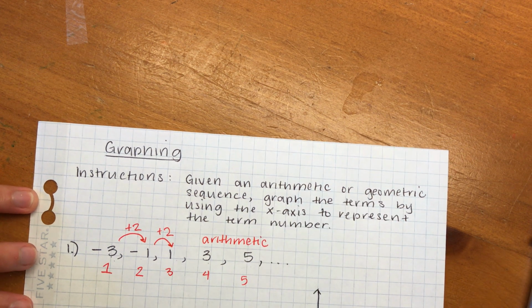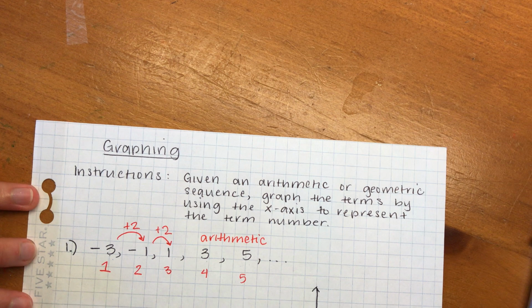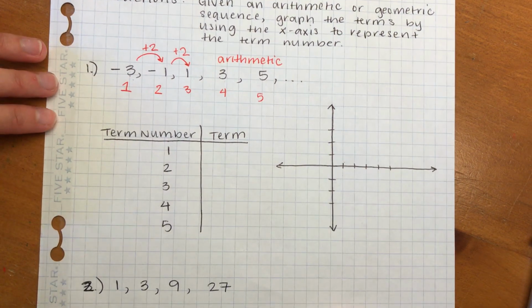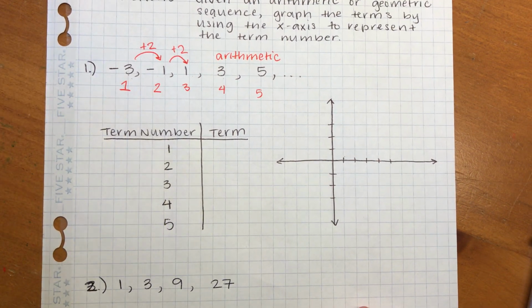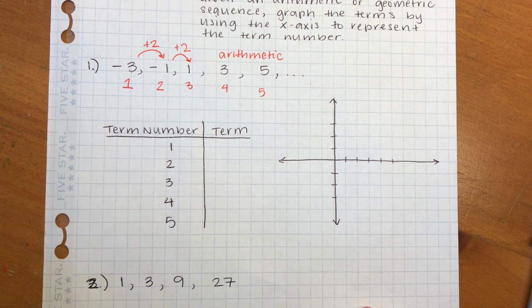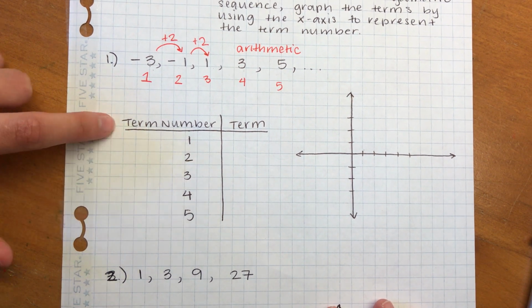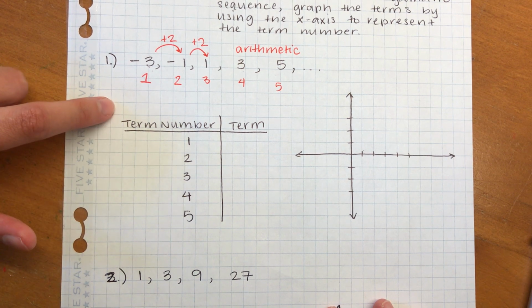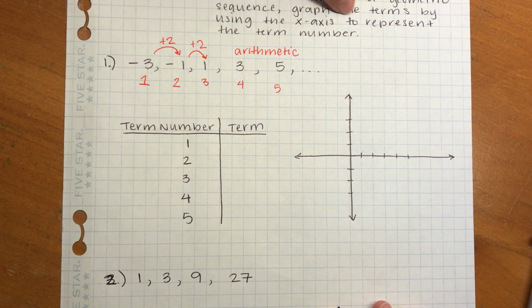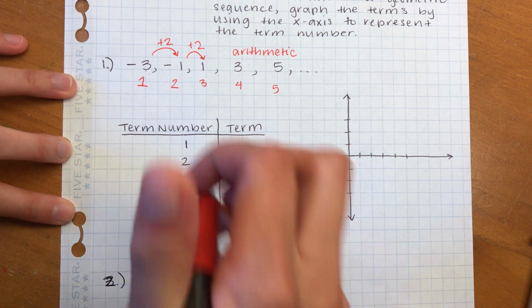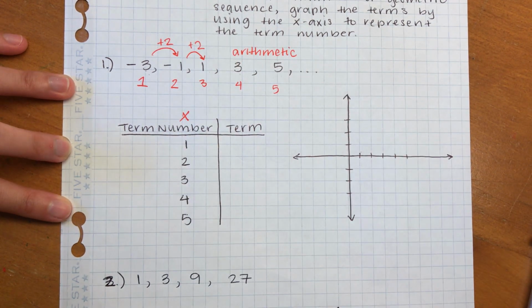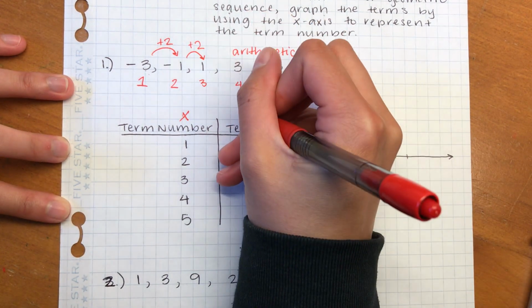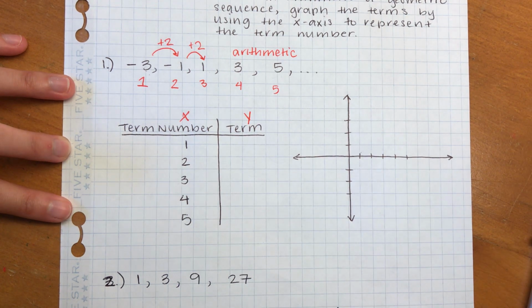So what I'm going to do, once I'm given a sequence, I'm going to create a table. And I've already made this table, but when you're doing this on your own, you're going to create this table, where we usually have the x side, right? And we said we're using the x-axis to represent the term number. So my x value is the term number, and my y value is the term.